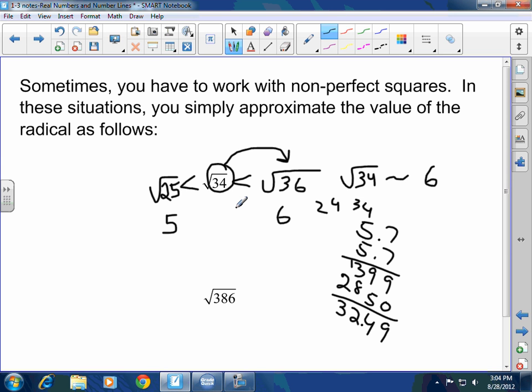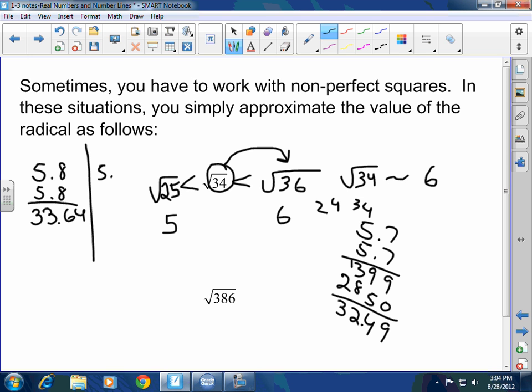Okay, so that's 32.49. Okay, not enough. I'm going to need more. Okay, so let's go ahead and try 5.8 times 5.8. When I go 5.8 times 5.8, that gives me 33.64.